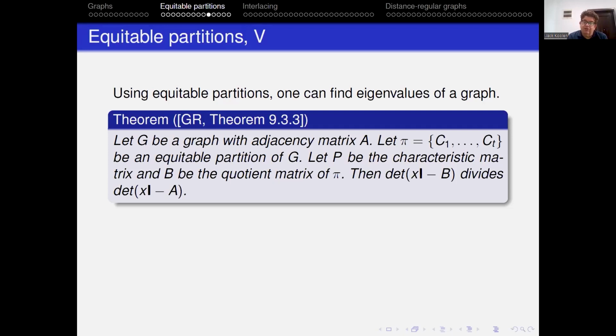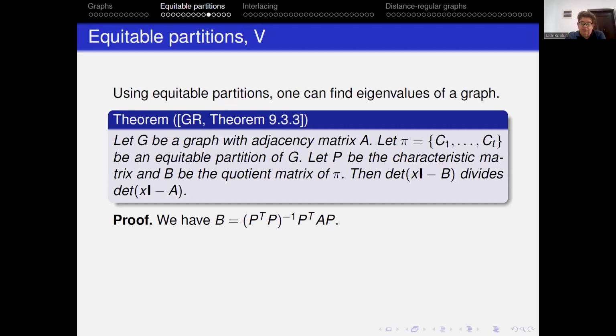Then the characteristic polynomial of B divides the characteristic polynomial of A. So that means that if B has, say, 5 with multiplicity 3, then A must have 5 with multiplicity at least 3. For example.